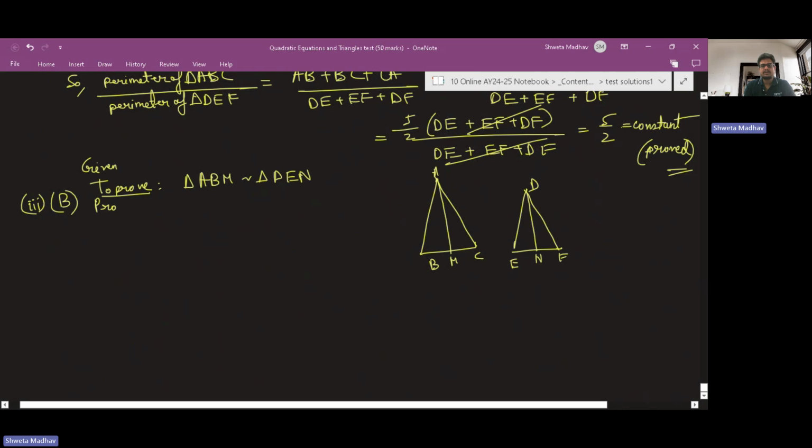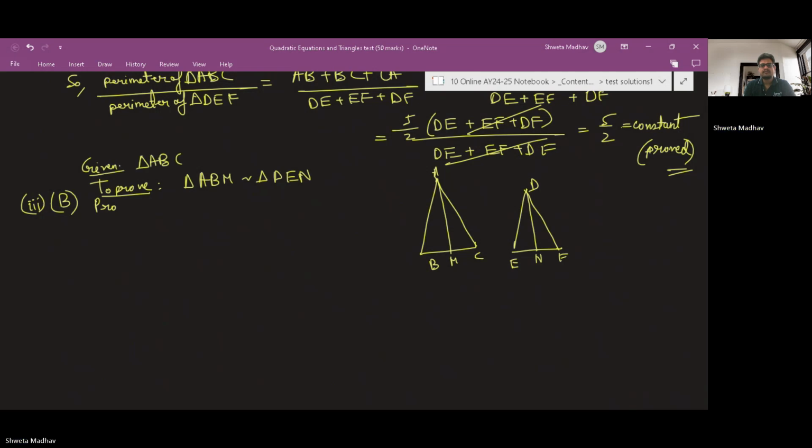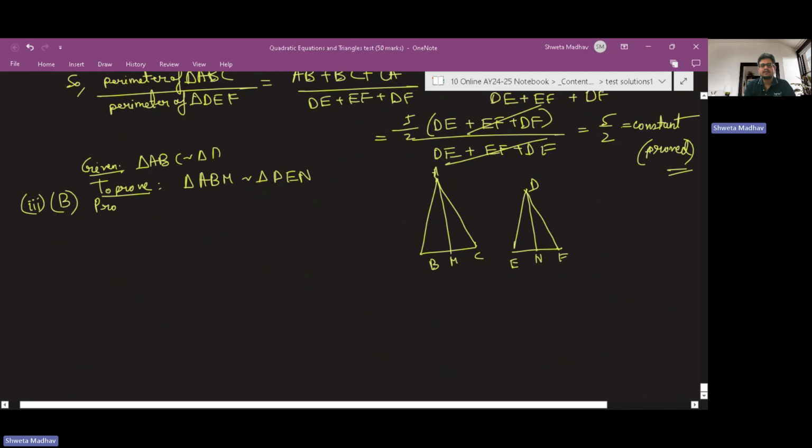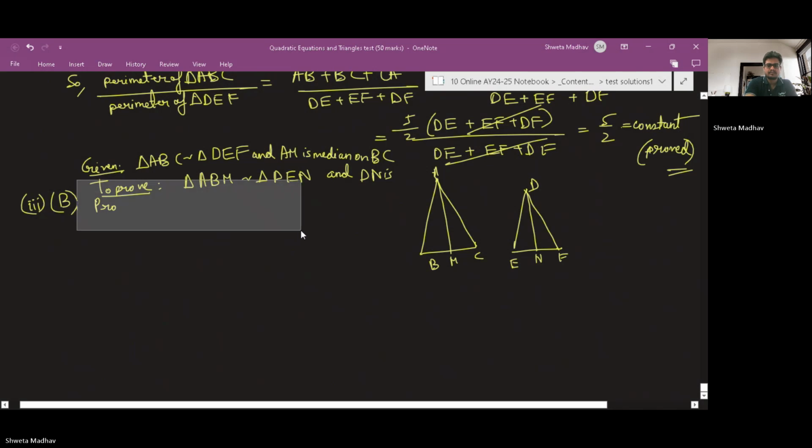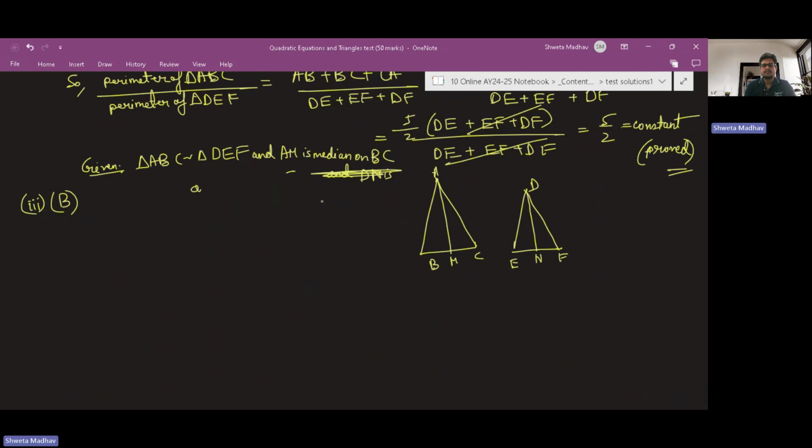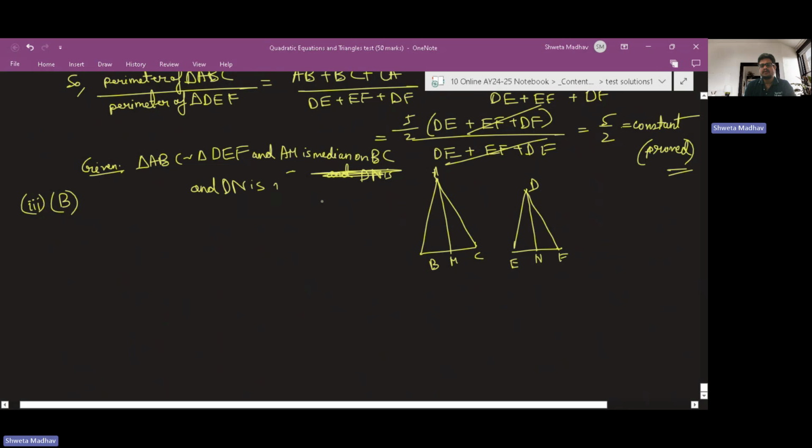It is given that triangle ABC is similar to triangle DEF. AM is the median on BC and DN is the median on EF.